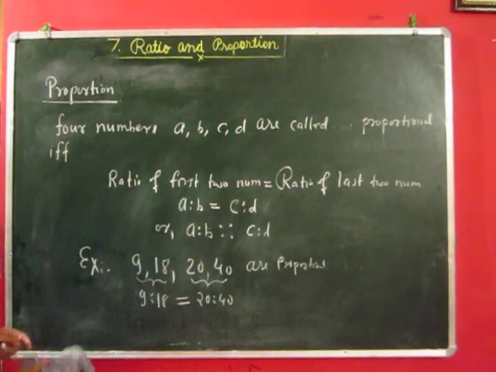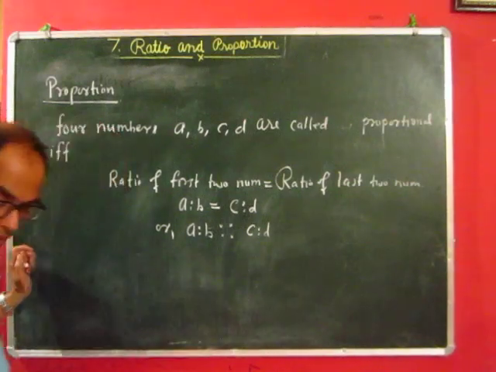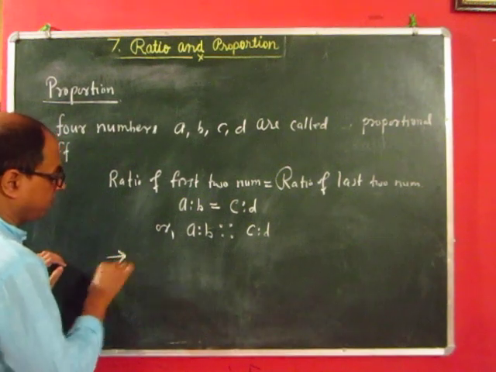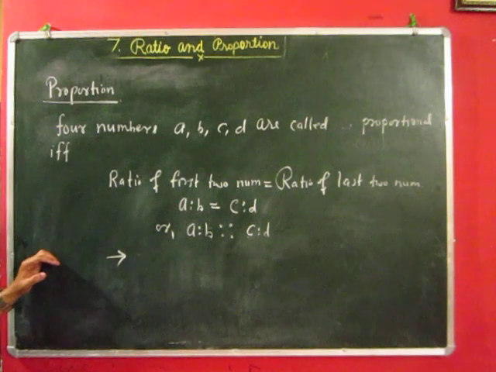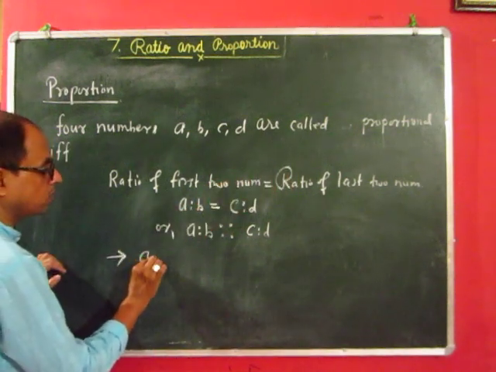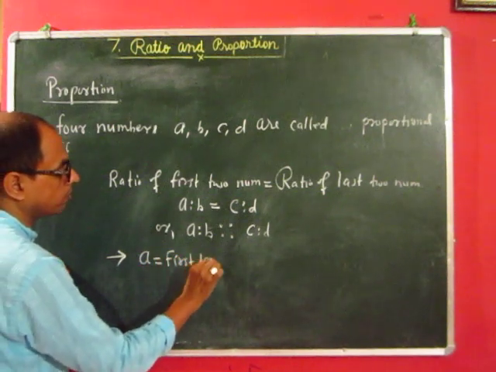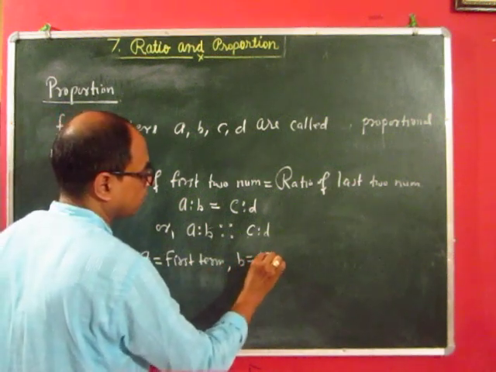Now some important terms related to proportional. Here A, B, C, D are called terms of proportional. A is called the first term. B is called the second term.